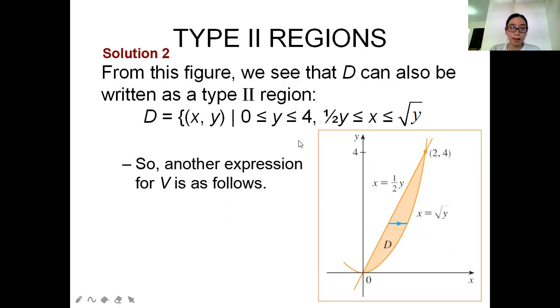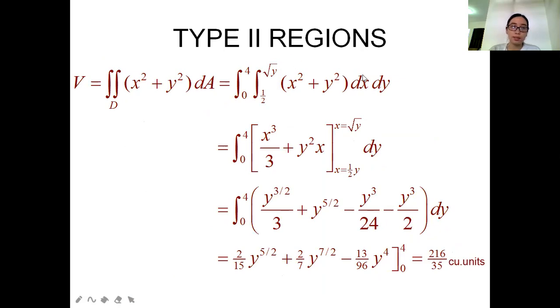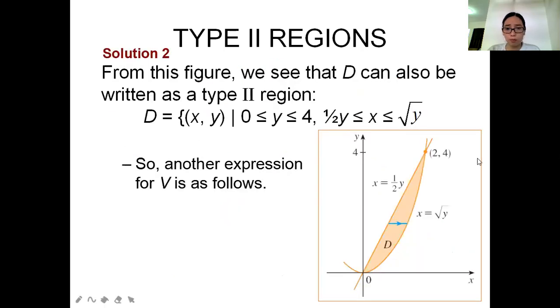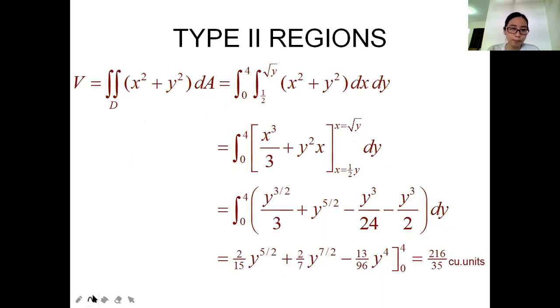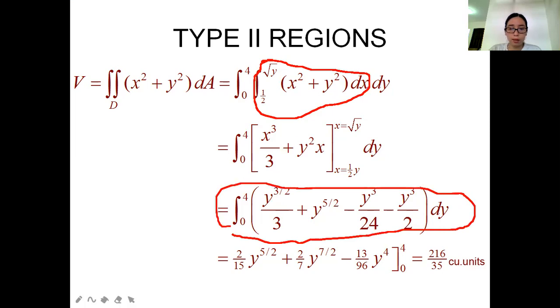So we now have different limits. Using a type 2 region means dx comes first, then dy, and the limit of your first integration is in terms of y. Don't forget that we integrate the inner integral first, applying the power rule and substituting the values of the upper and lower limits, then applying the second integration after simplifying the first.